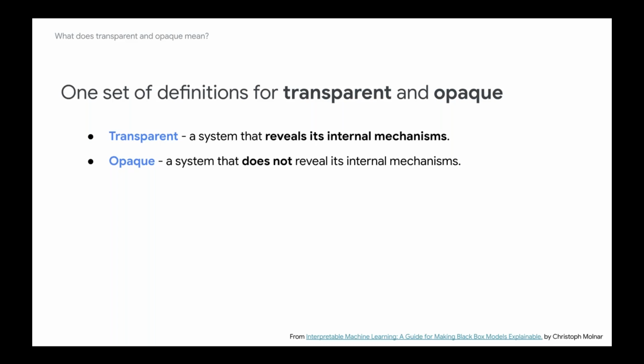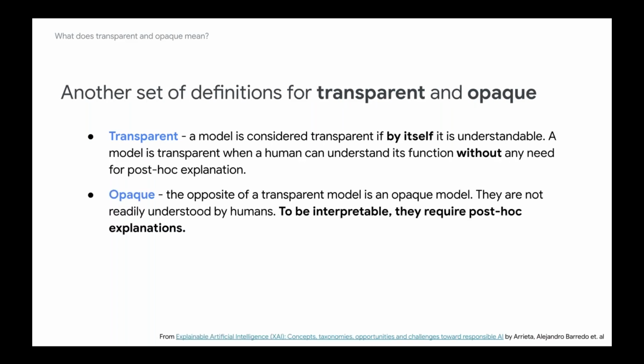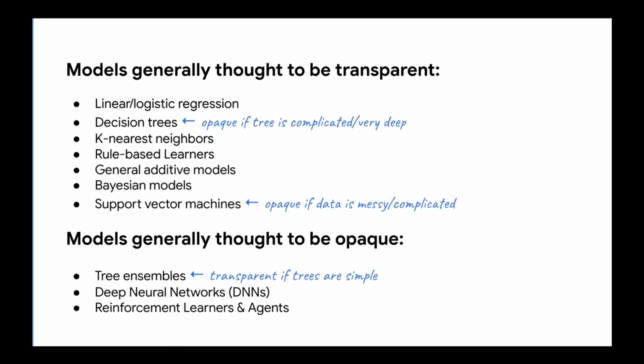One definition might be that a transparent system can reveal its internal mechanisms and an opaque one doesn't. But in other pieces of literature I found, they say things like a transparent model is one that's by itself understandable, and an opaque one is one that, to be interpretable, needs some kind of post hoc explanation. We generally have buckets of different types of machine learning models that we think of as transparent or opaque.